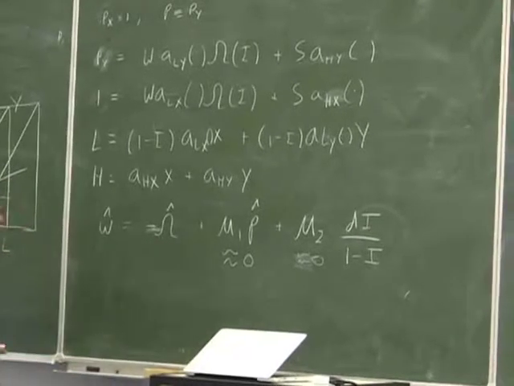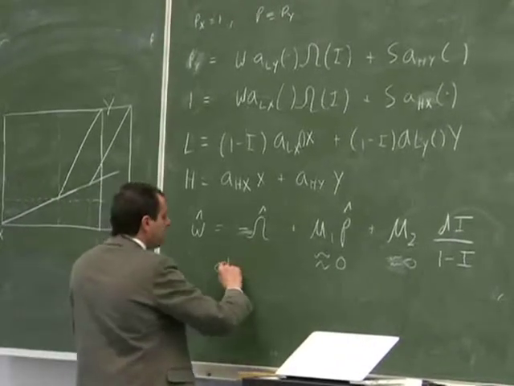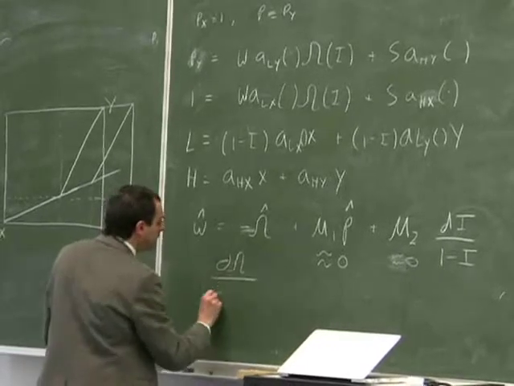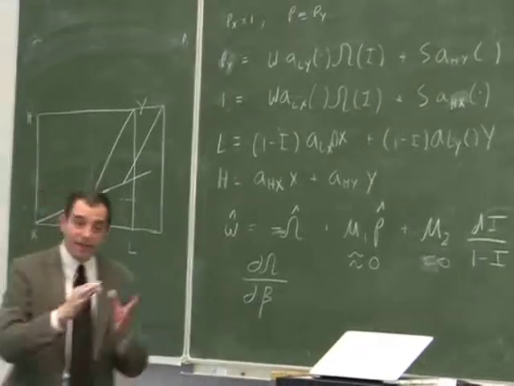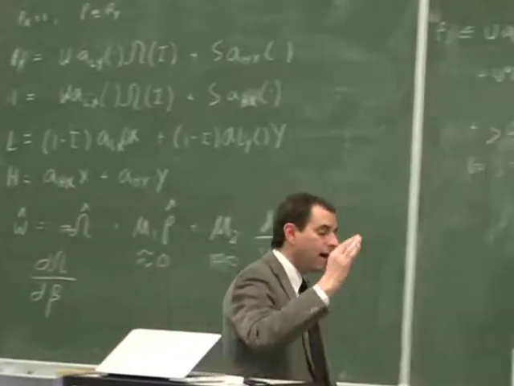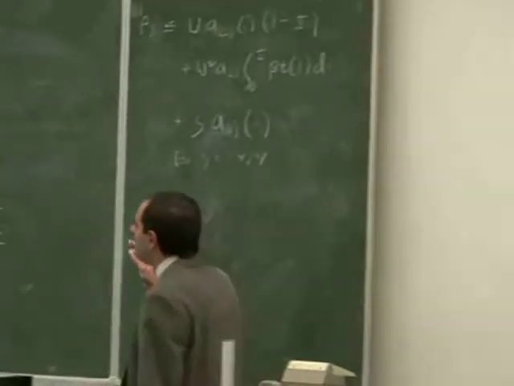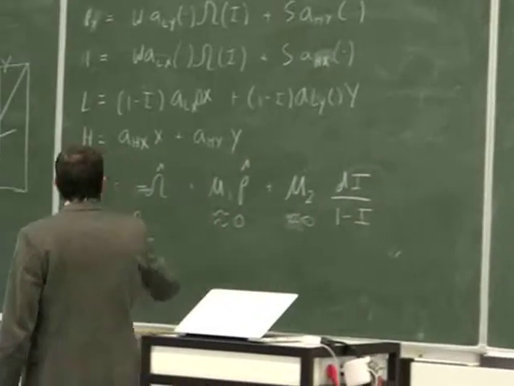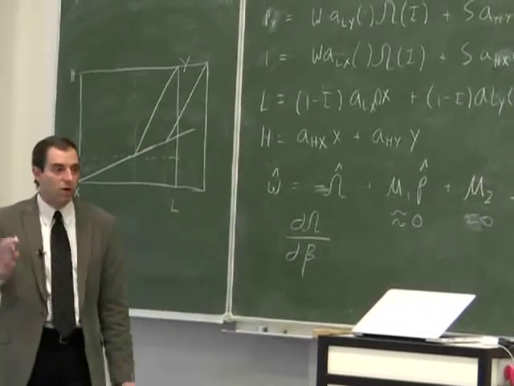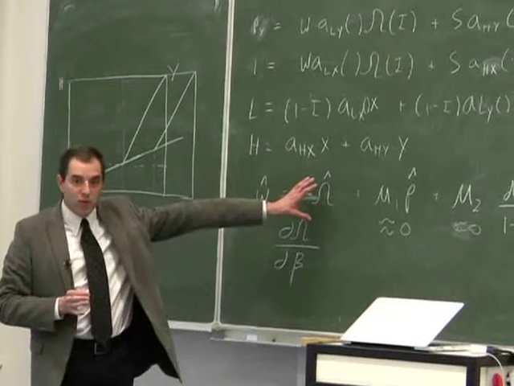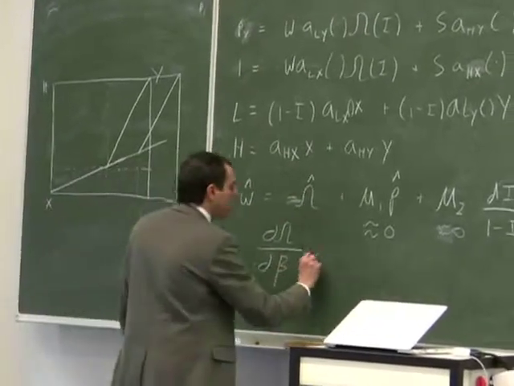Well, what's the sign of d omega d beta? Omega is basically this outsourcing term, and this thing is declining in beta. So the higher is beta, the less we offshore, the less foreign labor we use, and so this is going to be less than 0.